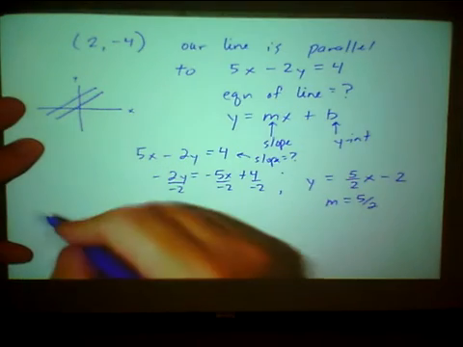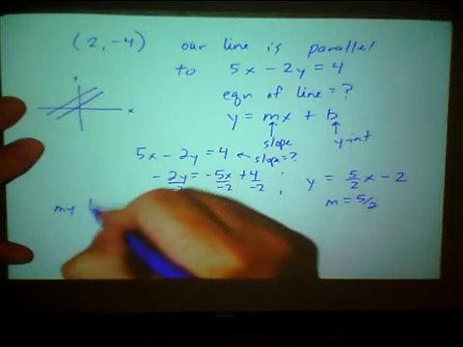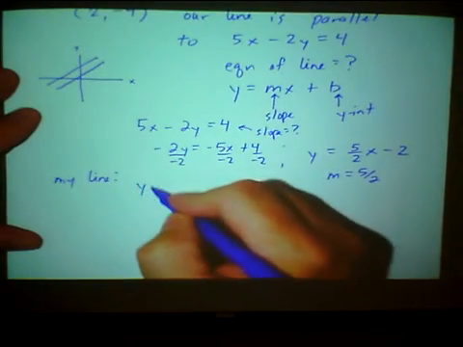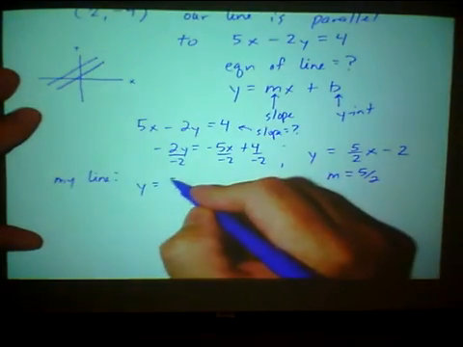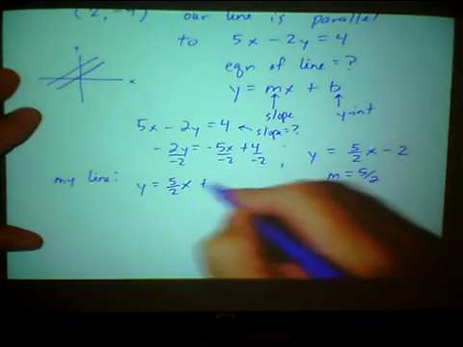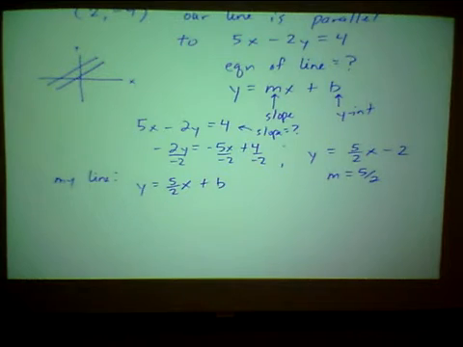So now, for my line, I can now say y equals 5/2 x plus b. Now, if I can just figure out what the b is equal to, then I will have the equation of the line. Now, there's a couple ways to do this.